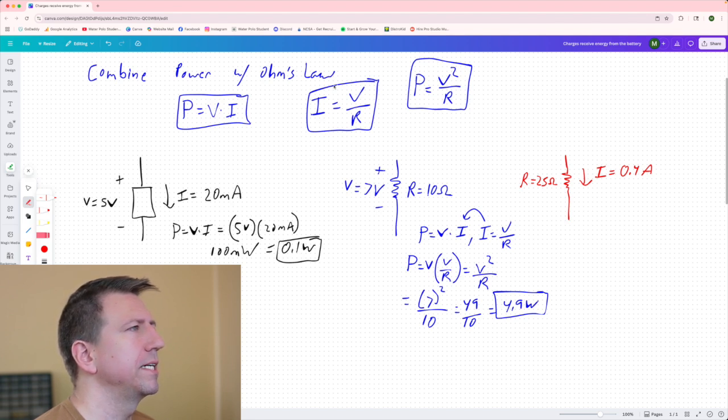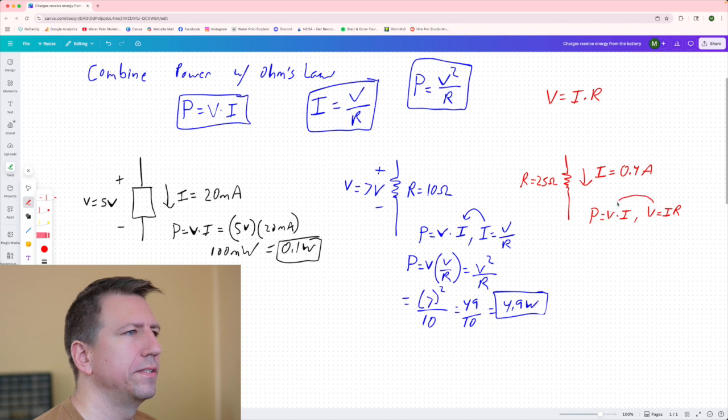So I'm going to rearrange the Ohm's law equation to say that V is I times R. Okay, and then if I say that P is V times I, and I know that V is I times R, I can substitute this V into the power equation, and I get P is I times R times I, which is equal to I squared times R. And so then I can just plug in.